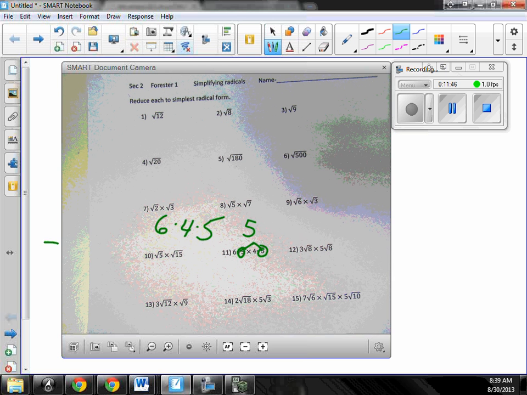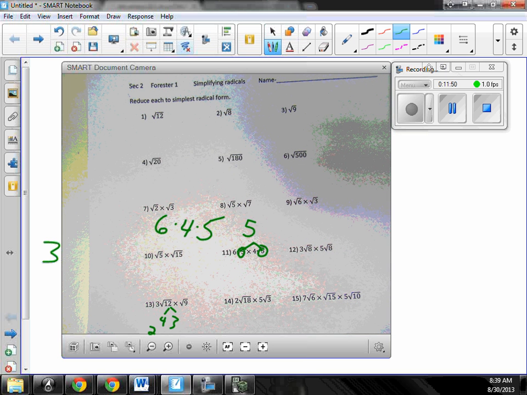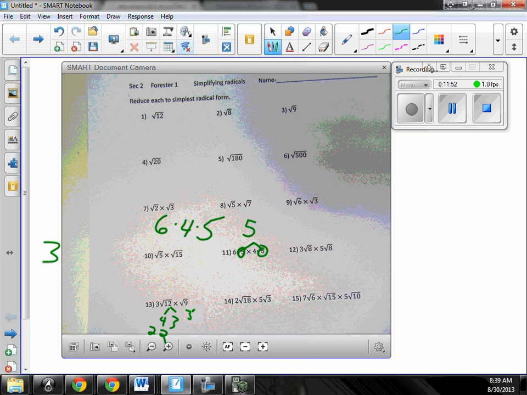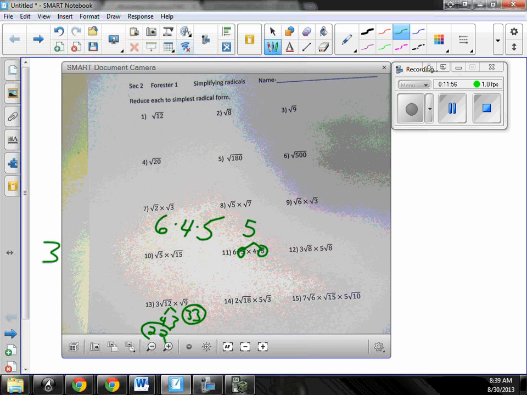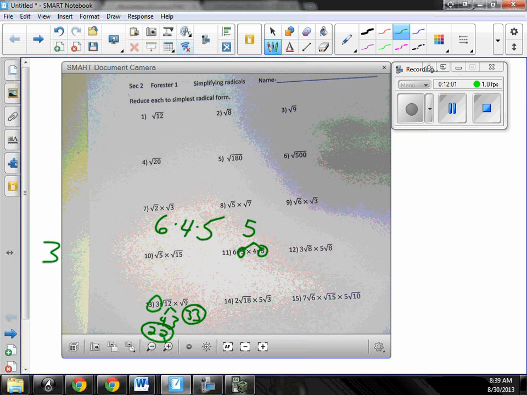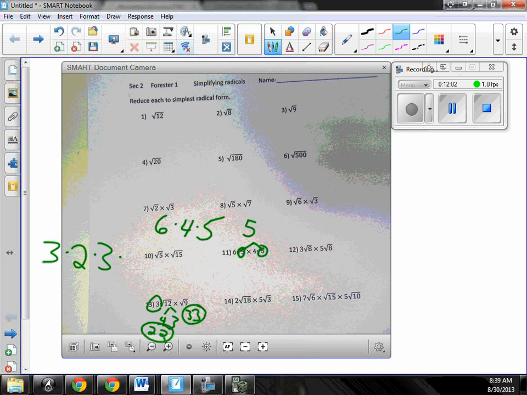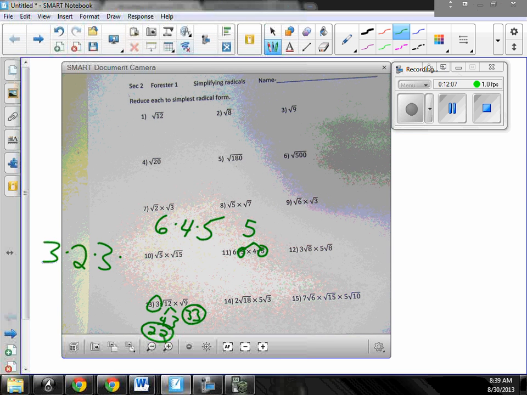So I'm going to have 3 times 4, 3, 2, 2, 3, and 3. What can I pull out? Set of 3s and a set of 2s. So on the outside, I have my original 3 times 2 times 3 times what's left.